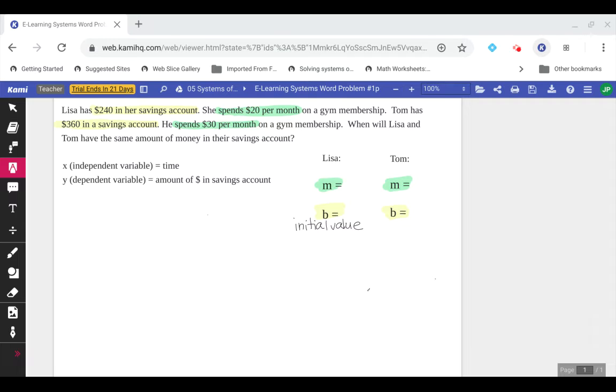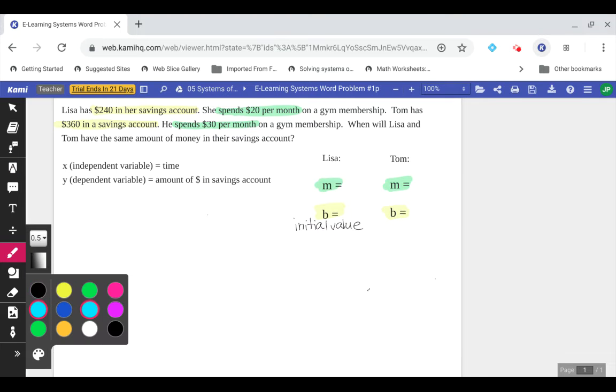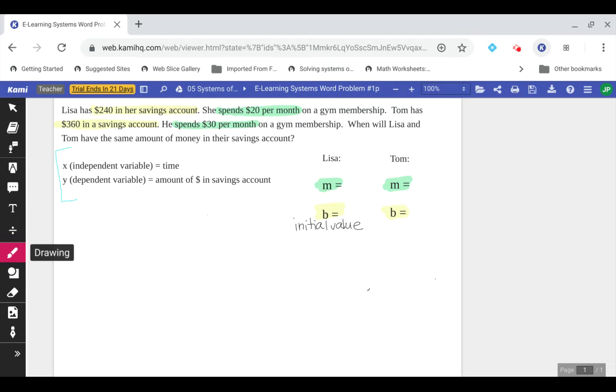You can see here that I have already written out what the independent and dependent variables are in the problem. The x, or independent variable, is the time, which is in months, and the y, or the dependent variable, is the amount of money in the savings account.